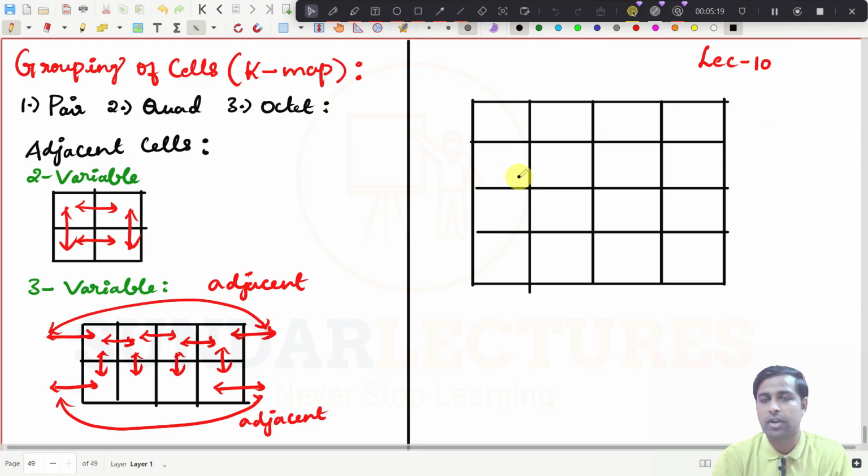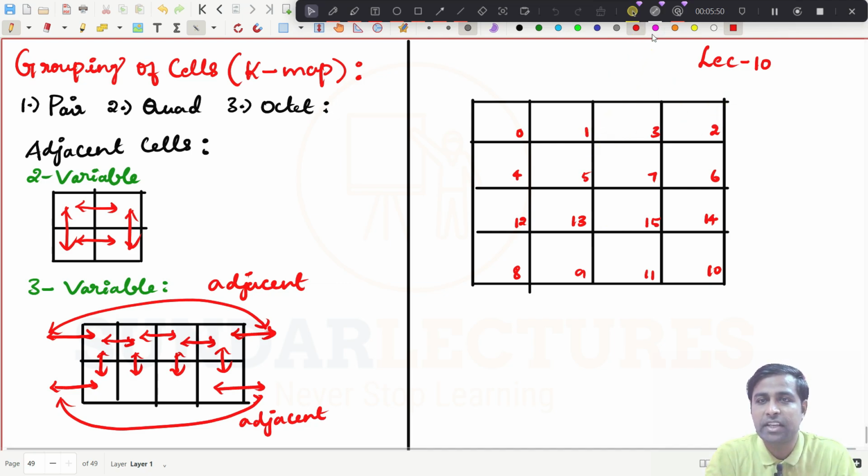So we know the numbers to understand. If I put 0, 1, this is 2, this is 3, and then 4, 5, this is 6, this is 7, this is 8, 9, 10, this is 11, 12, 13, this is 14, this is 15. What are these numbers? These are all min terms, right?